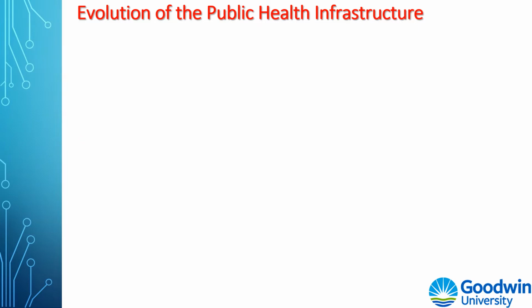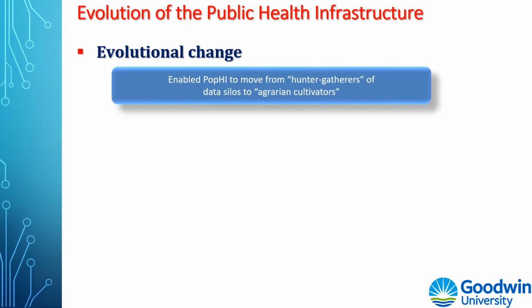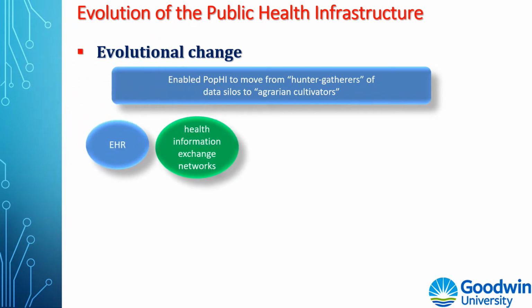So there was an evolutionary change in how data was being looked at here. It enabled population health informatics infrastructure actually to move from hunter-gatherer of data silos to agrarian cultivators. And what that really means is that everything we had for data up to this point was siloed, and that means it was on its own.